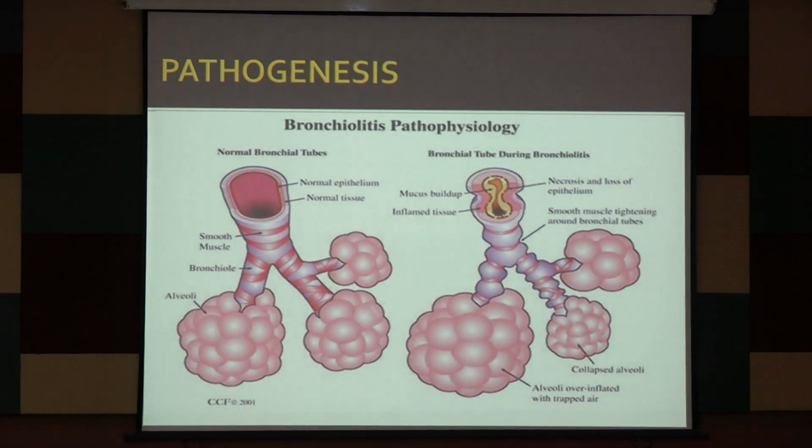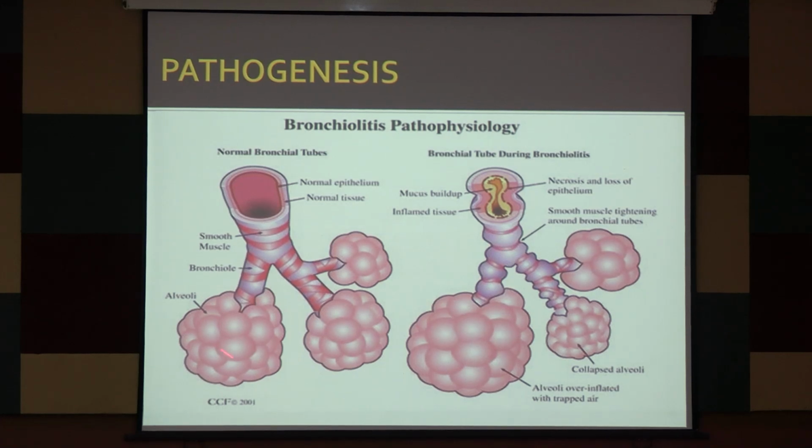Remember it. So how does bronchiolitis occur? Very simple. Just look at the left side picture. This is the normal bronchial tubes. Here is normal tissue, normal epithelium, the smooth muscle is relaxed here, this is alveoli and this is bronchiole. So the disease is here in the tubes, not here.